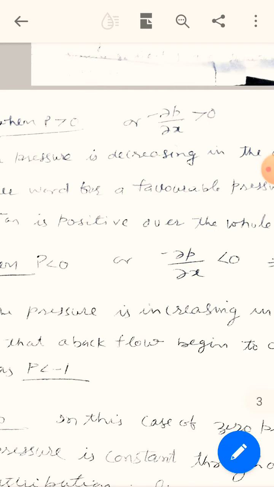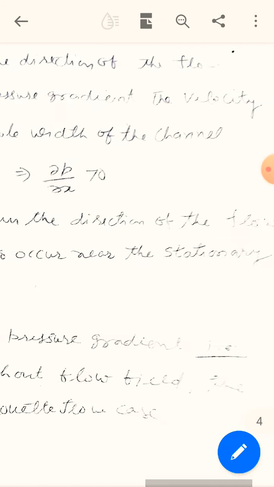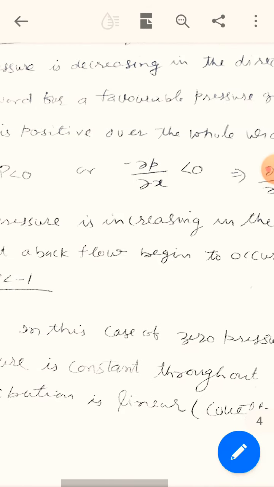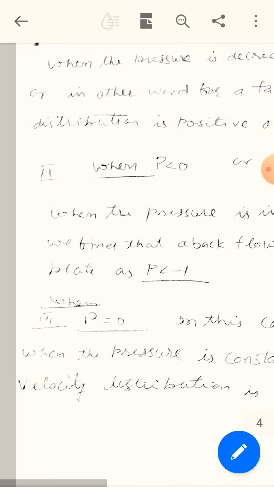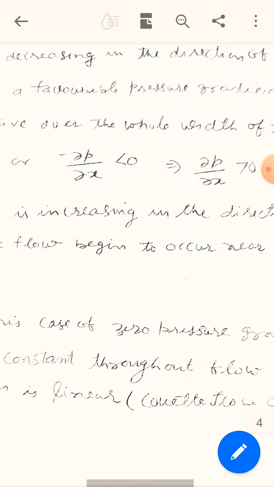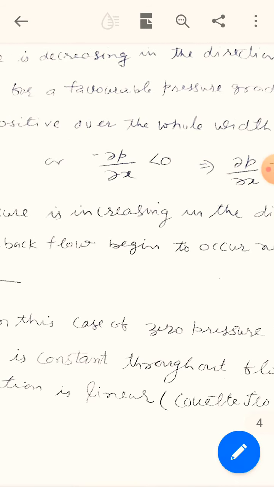When the pressure is increasing in the direction of the flow, we find that a backflow begins to occur near the stationary plate as P is less than minus 1. When P is equal to 0, the pressure is constant throughout the flow field, and in this case the equation becomes the generalized Couette flow equation. This is the effect of pressure on the laminar flow between two parallel plates.